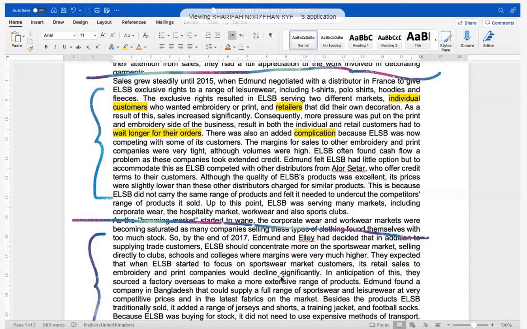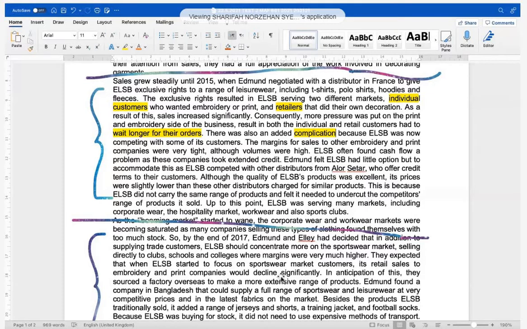The margins of sales for the embroidery and print companies were very tight. Although volumes were high, ELSB often found cash flow a problem as these companies took extended credit. Edmond felt ELSB had little option but to accommodate this as ELSB competed with other distributors who offered credit terms to their customers.